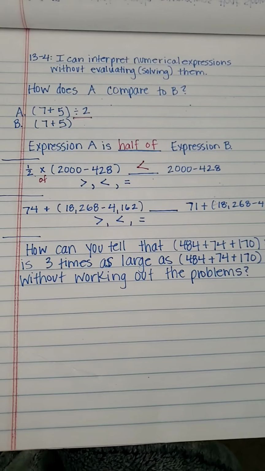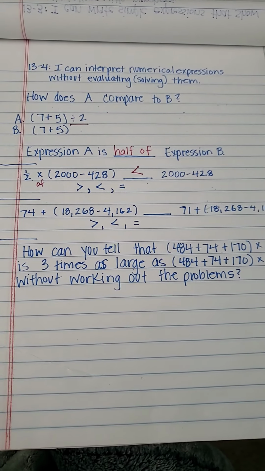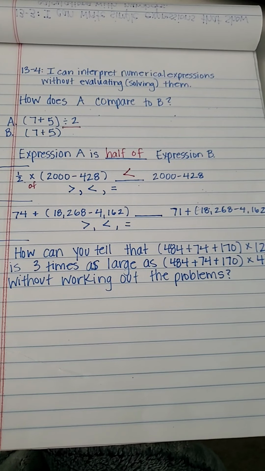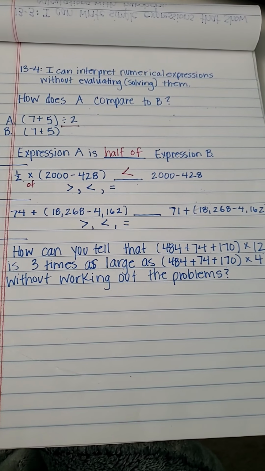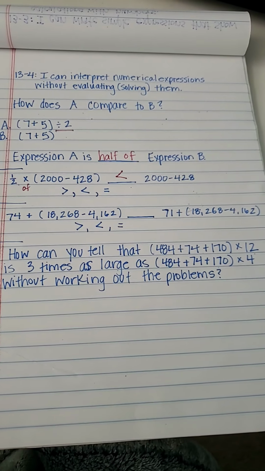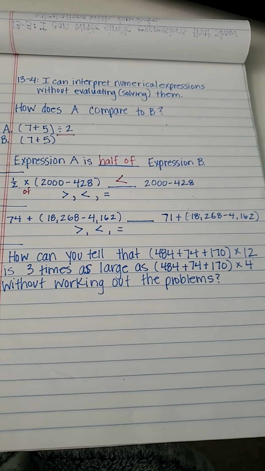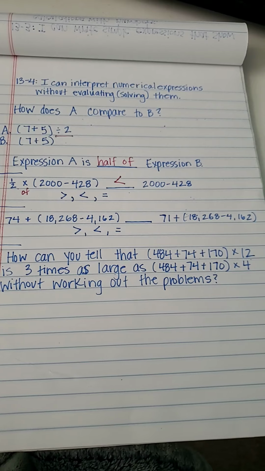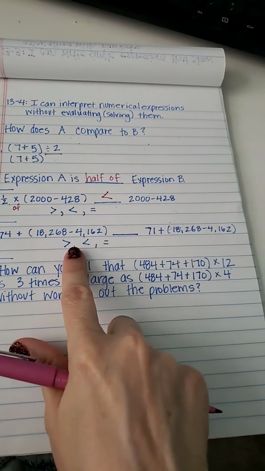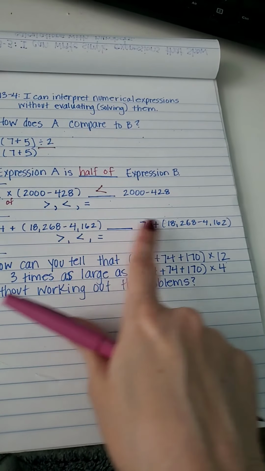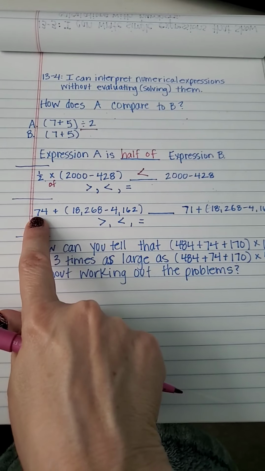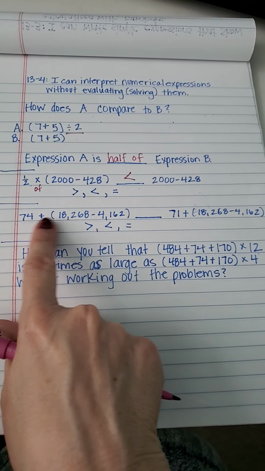Okay, let's look at the next one. 74 plus, parenthesis, 18,268 minus 4,162 is greater than, less than, or equal to 71 plus 18,268 minus 4,162. So again, these two expressions are the same. So here we have the 74 that we're adding to that.